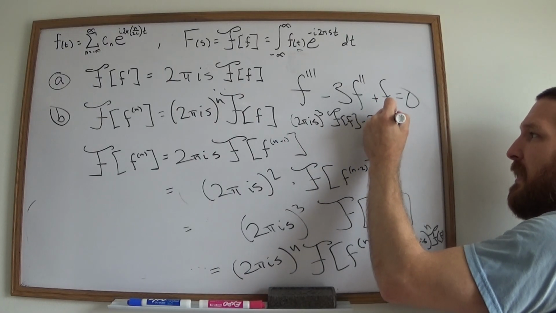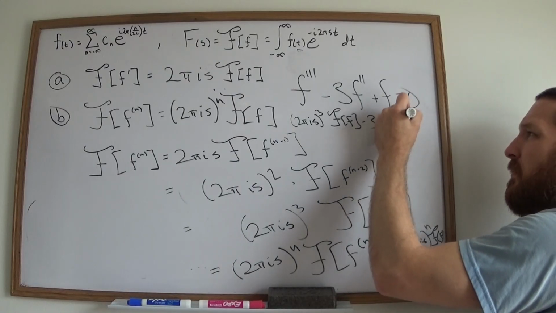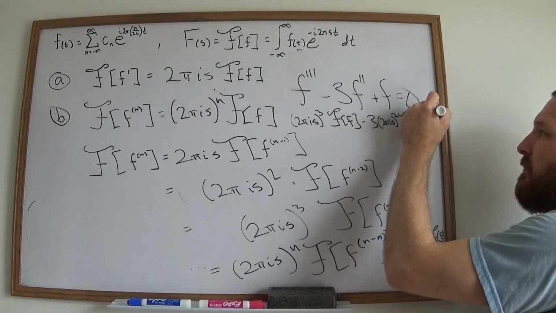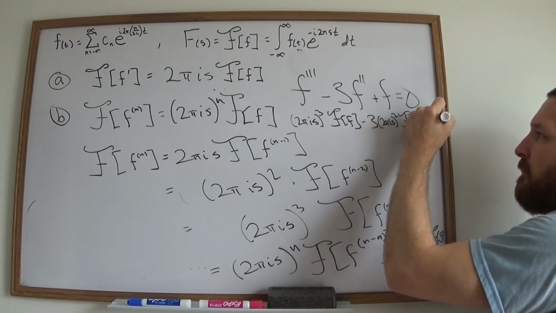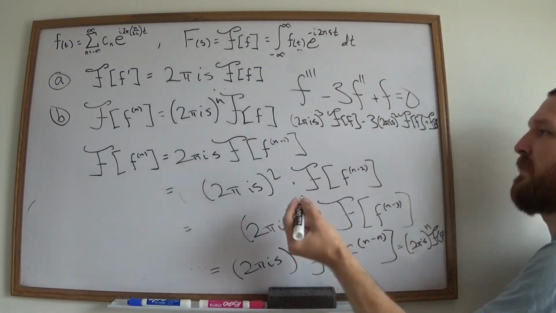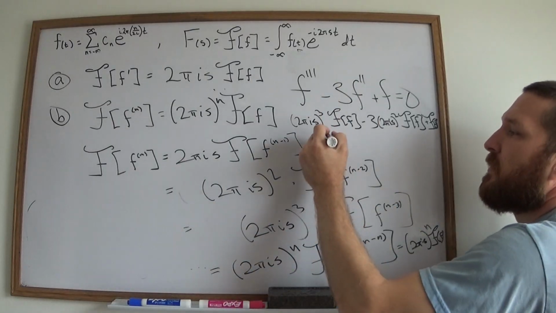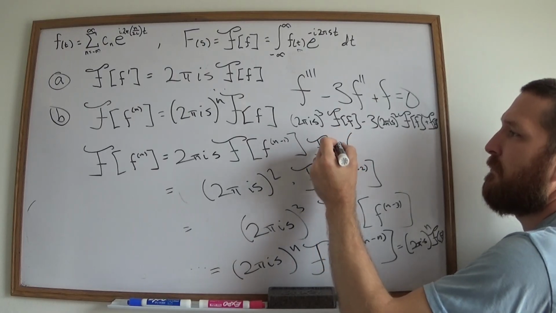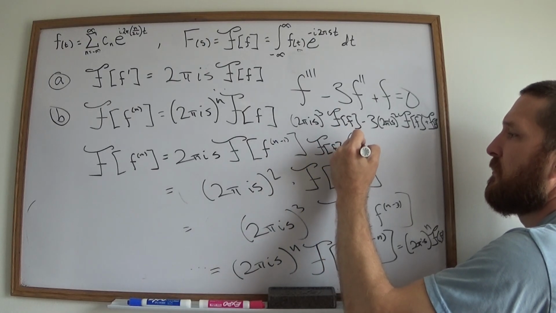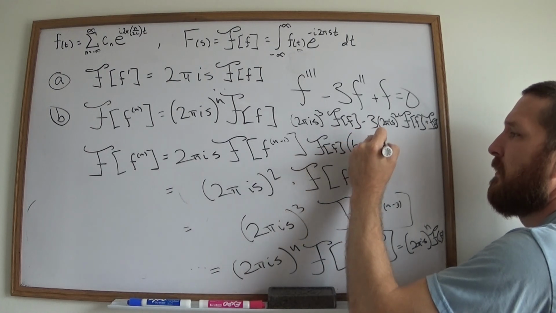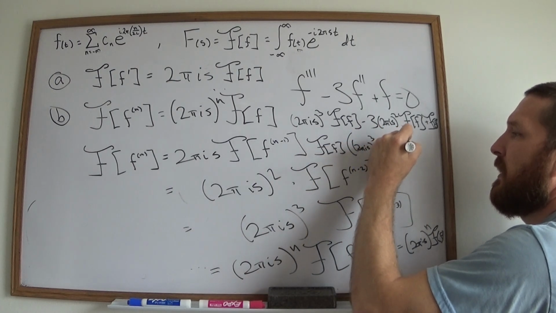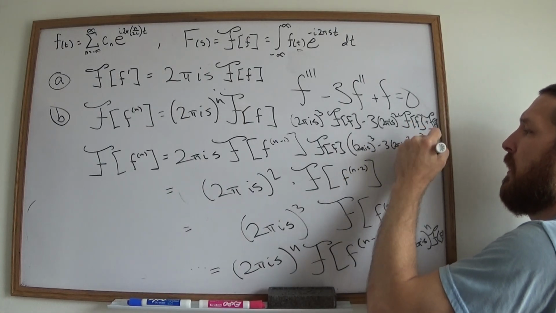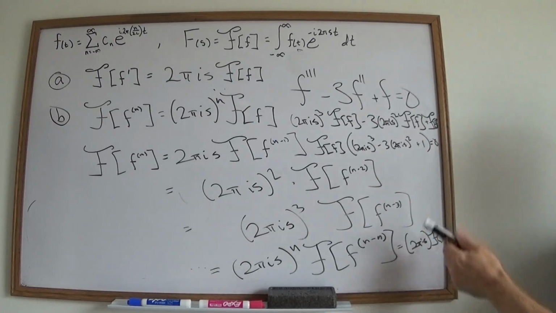2 pi is squared times the Fourier transform of f, plus the Fourier transform of f equals 0, because the Fourier transform of 0 is 0. So you would have the Fourier transform of f, your original function, times 2 pi is cubed minus 3 times 2 pi is squared plus 1 equals 0.